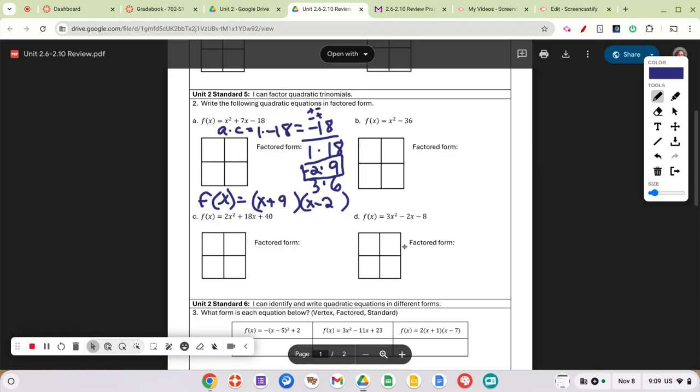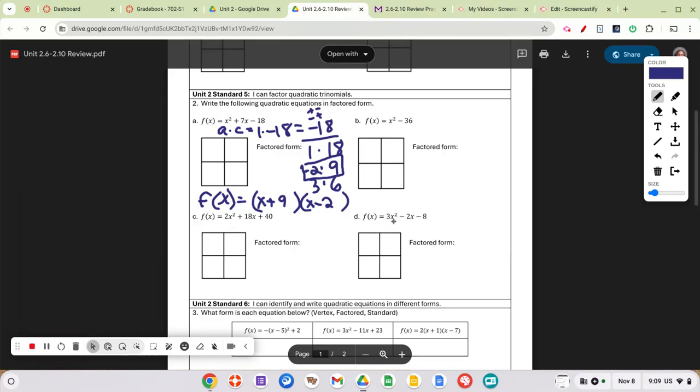Let's skip down to this one down here because it's going to be like this, only there is one more step. You have to factor by grouping. When a is 1, you don't usually have to factor by grouping, but down here, you're going to have to. The first thing you look at is, can I take anything out of this all the way across? Can I factor something out of 3 and 2 and 8?